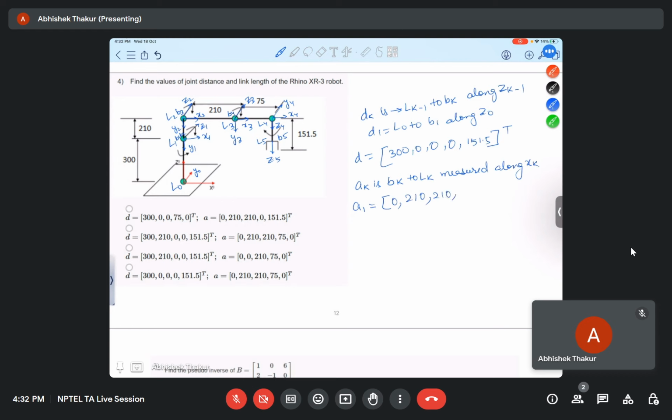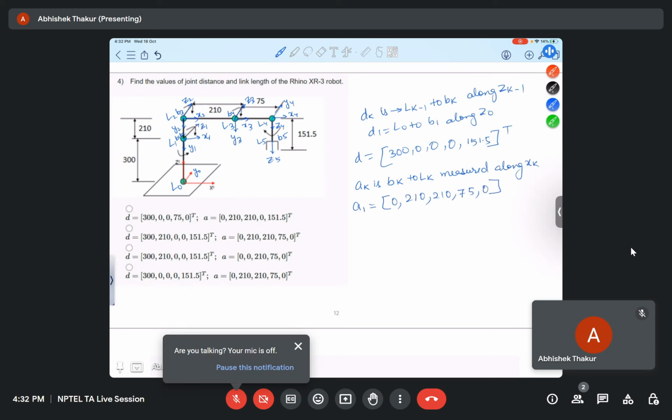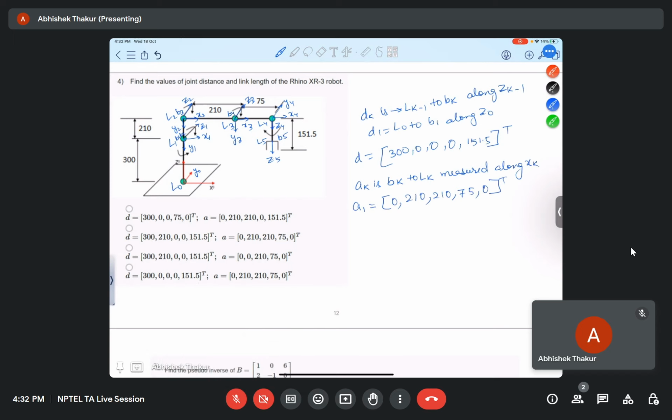B4 to L4, that is 75. B5 to L5, B5 and L5 are coinciding, so this will again be 0. So the correct option is 300, 0, 0, 0, 151.5 transpose, and the second is 0, 210, 210, 75, 0. So option D is the correct answer for this question.